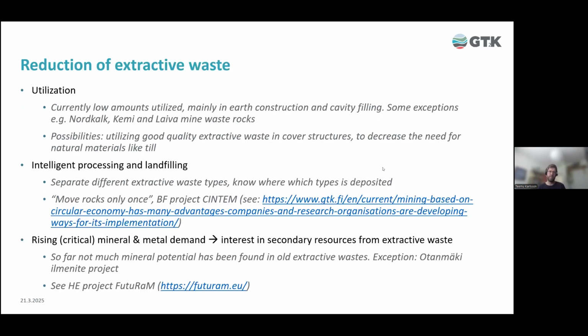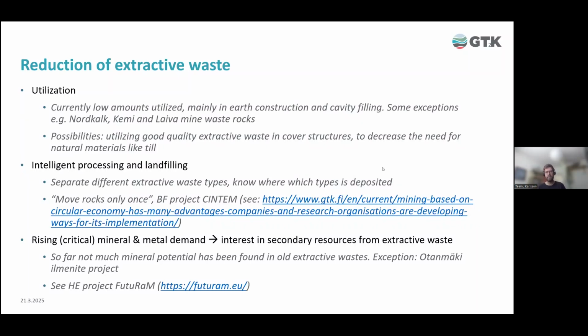This is maybe my favorite way of managing mine waste. The amount of extractive waste should be reduced, especially through utilization. I think there's lots of potential to utilize mine waste. Currently, quite low amounts are being utilized, mainly in earth constructions and cavity filling at the mine sites.